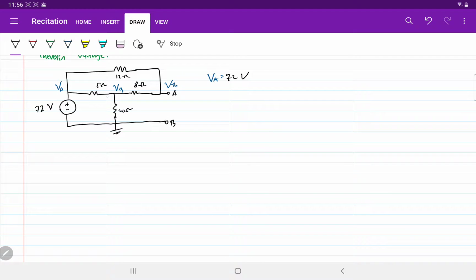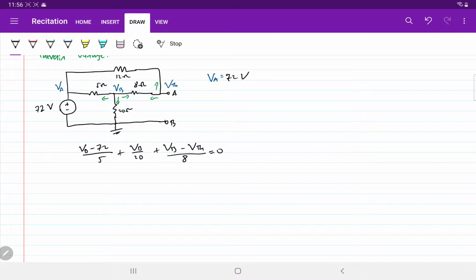So let's write our node voltage equation. Let us define the current going out from this node and that node. At node VB we have (VB minus 72) over 5 plus VB over 20 plus (VB minus V Thevenin) over 8 equals 0.